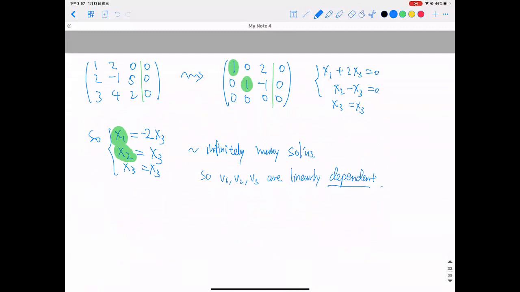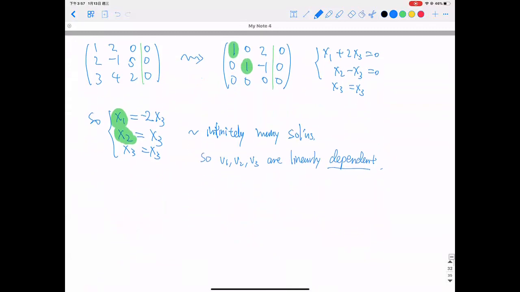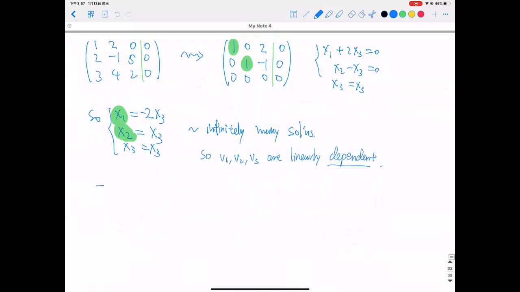Furthermore, we can write one such linear combination of v1, v2, v3 that equals the zero vector, and this is it. That's an example.